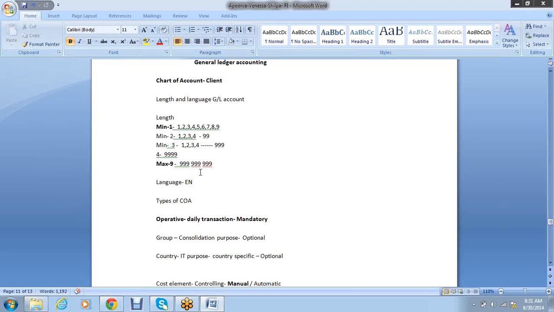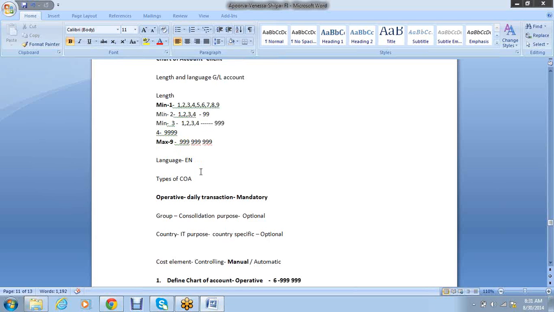In the chart of account only, we define the configuration for the cost element. We can keep it as manual or automatic. Why do we require a cost element? Cost element is required to flow the transaction or posting from your GL to controlling. If you want to send the information from FI to controlling, then the GL account must be extended to your cost element.